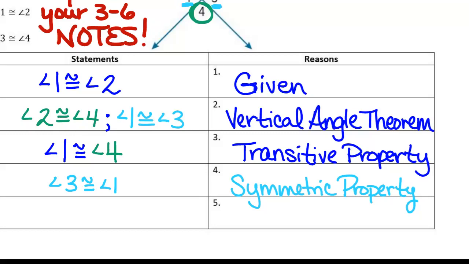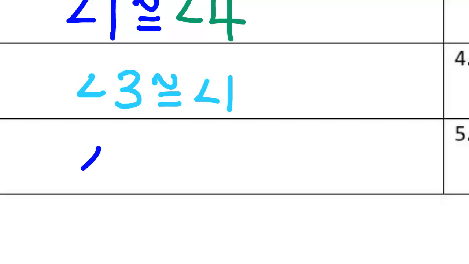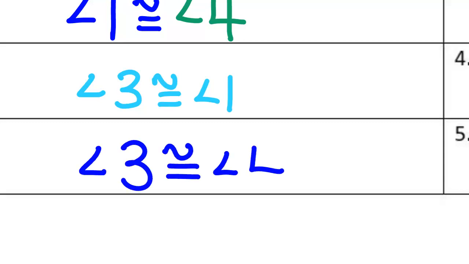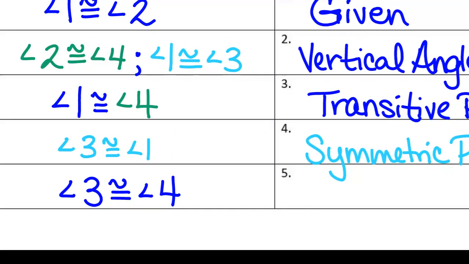So if I know angle 3 is congruent to 1 and angle 1 is congruent to 4, what could I say? Angle 3 is congruent to angle 4, and why can we say that? Close. Remember, with congruent signs, I can't use substitution.